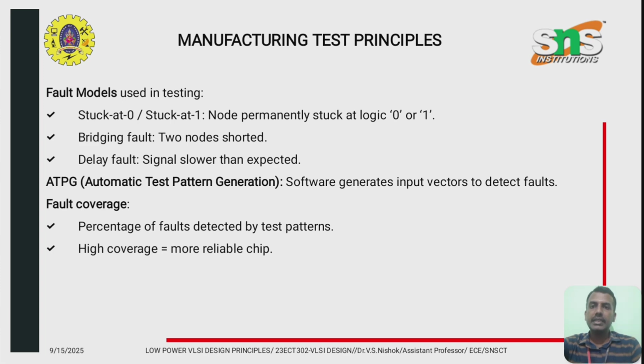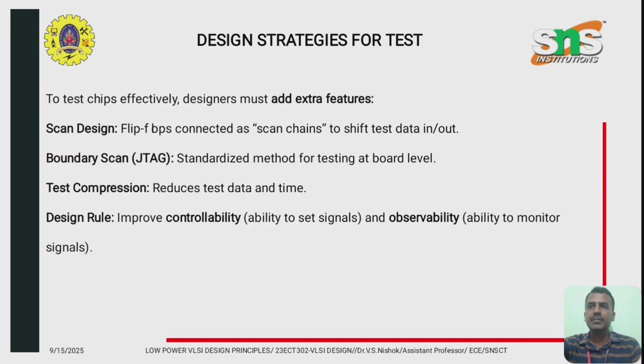By generating different random input values and giving them to the circuit inside the IC, we check whether the output is based on the estimation or deviates from the estimated output. If it is deviated, then it is a wrong value. If it is accurate, then the IC is working correctly. So that is the use of automatic test pattern generation.